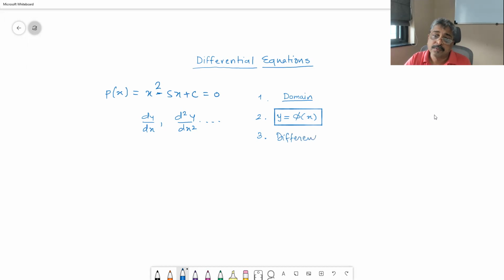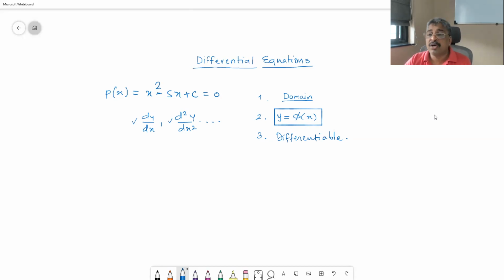Because if you end up finding some function which is not differentiable in the domain that you have found, then the differential equation itself will fail, because the differential equation will have these coefficients, and if the function is not differentiable, it does not make any sense.